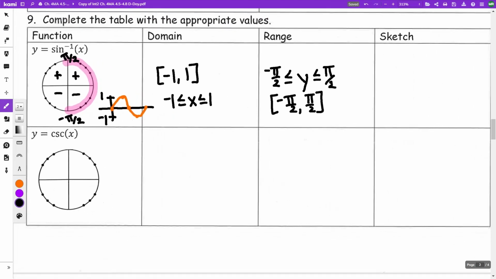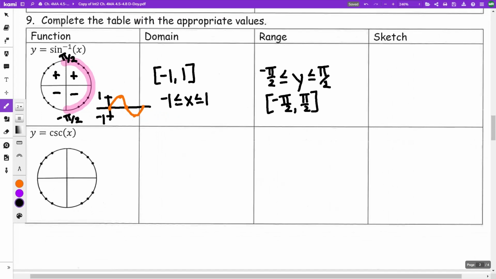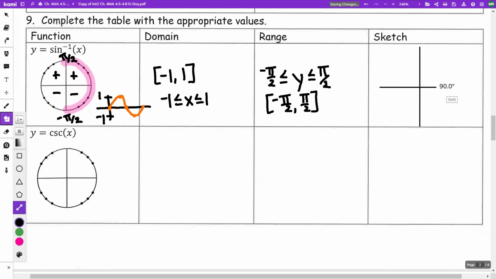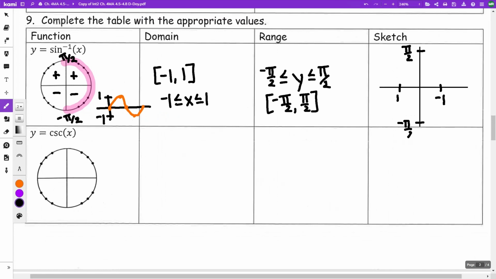And then we want to sketch a graph of this, okay? So when I'm sketching a graph of this, I am going to be going to 1 and -1. I'm going to be going up to pi halves and negative pi halves, okay?